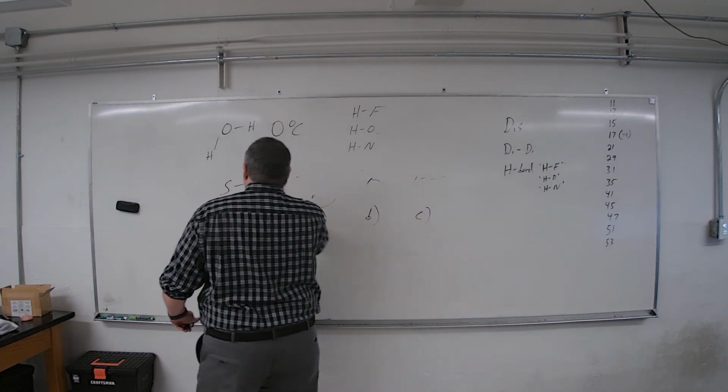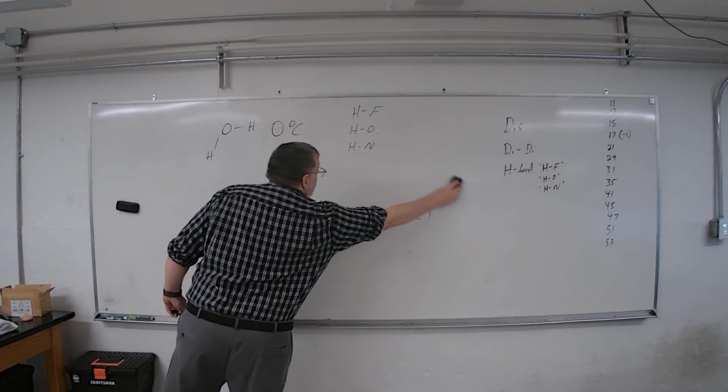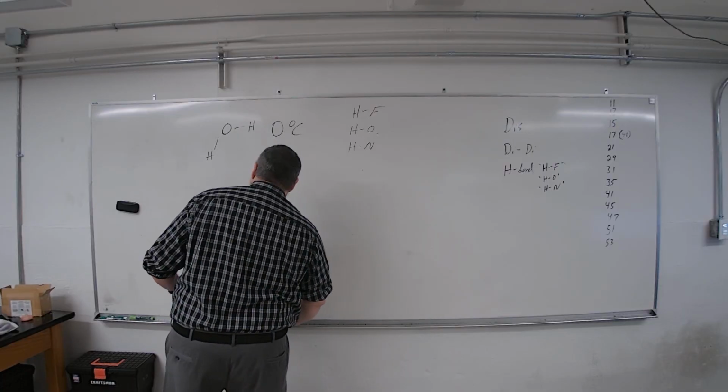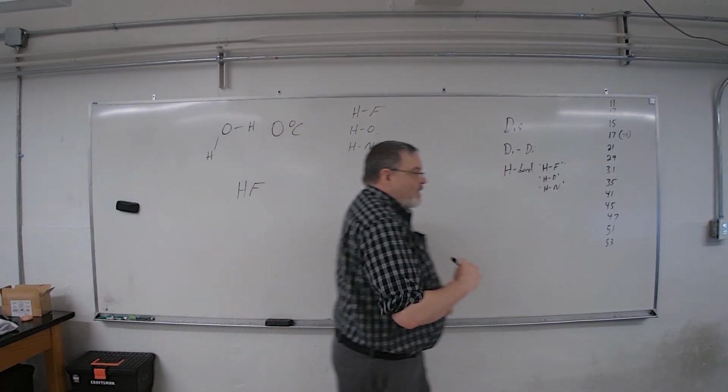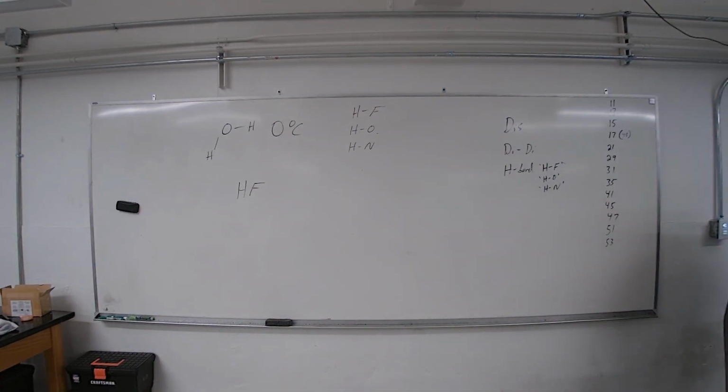We're comparing water and HF, and which property did I mention here? 17. They don't mention it properly, they just say, why is hydrogen bonding between two water molecules weaker than hydrogen bonding between two hydrogen fluoride molecules?